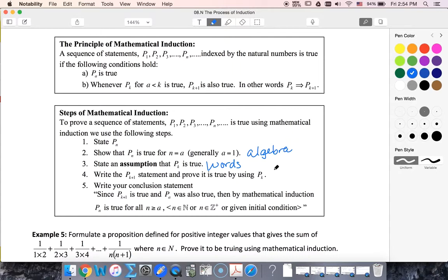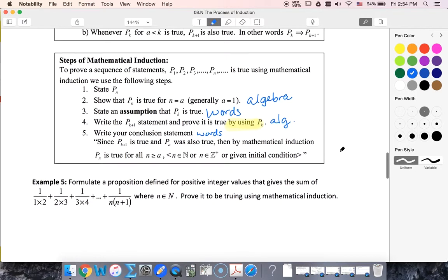And then almost definitely we'll be using algebra to prove that the P sub k plus 1 statement is true using this assumed to be true statement. So this is algebra, and the key here is that we have to use P sub k. And then we write our conclusion statement, and that happens in words.